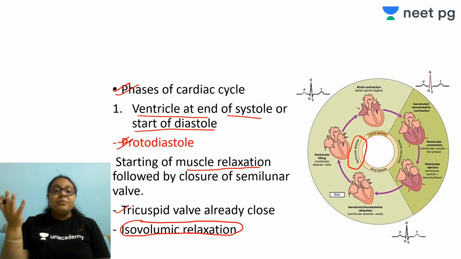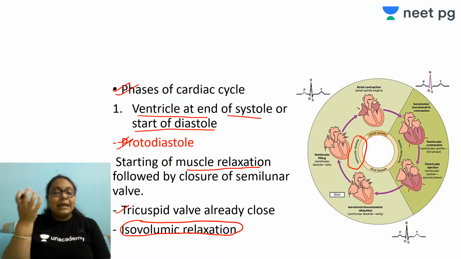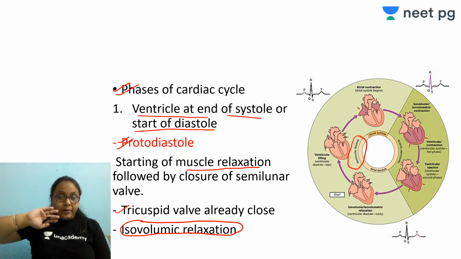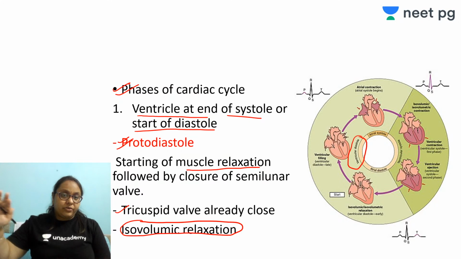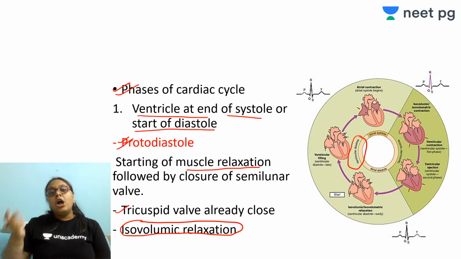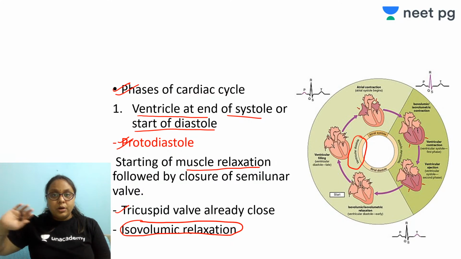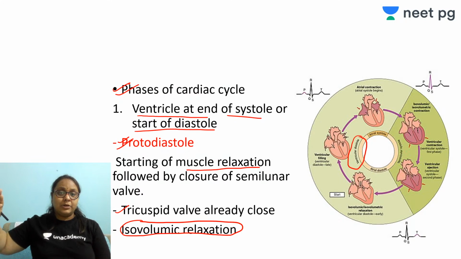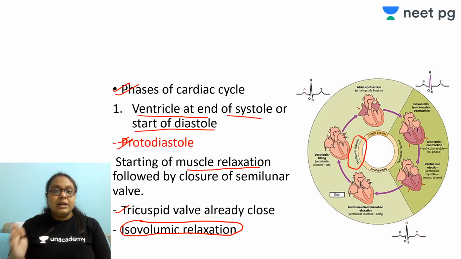That means the ventricle is neither getting any blood nor is blood going out of the ventricle. The ventricle is not getting any blood from the atria, nor is any blood going towards the pulmonary circulation or the aorta. That means the ventricle is under isovolumic relaxation.